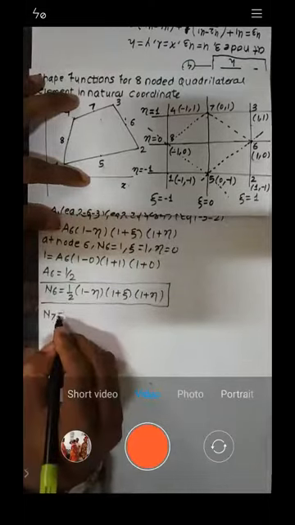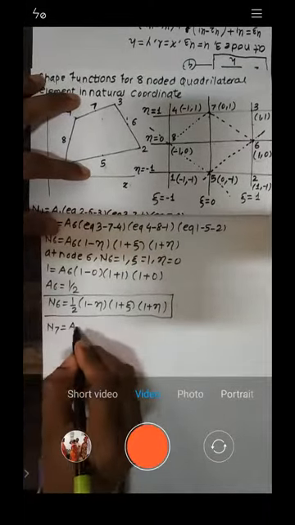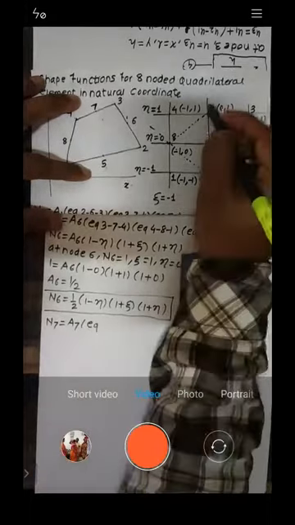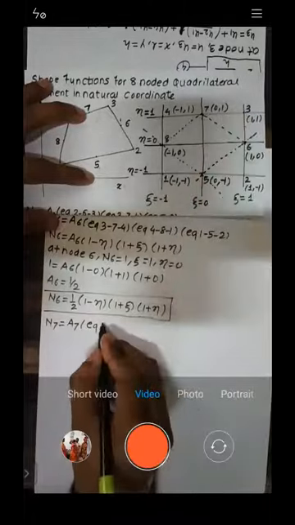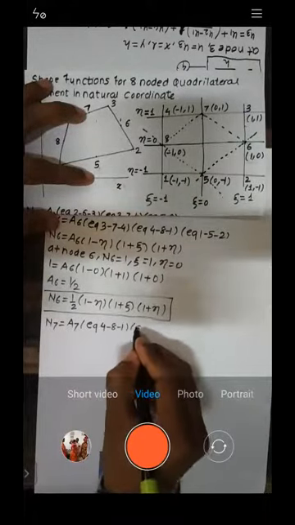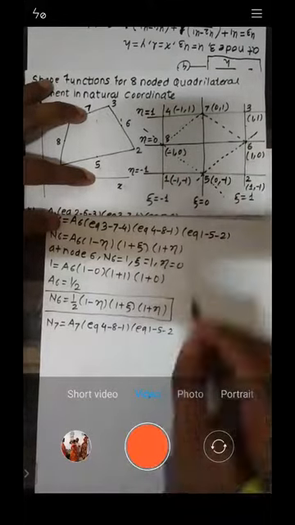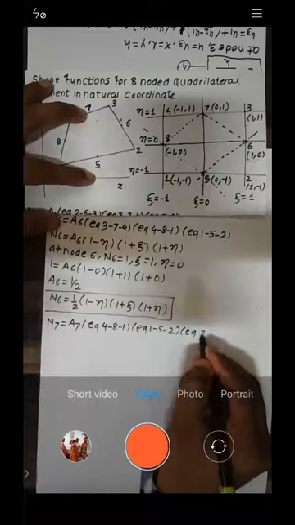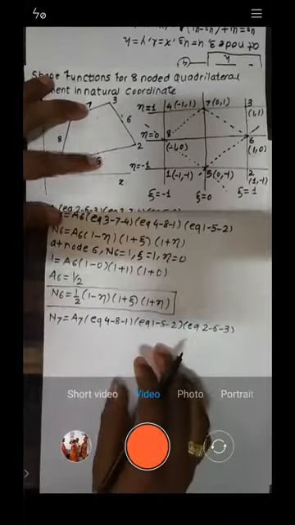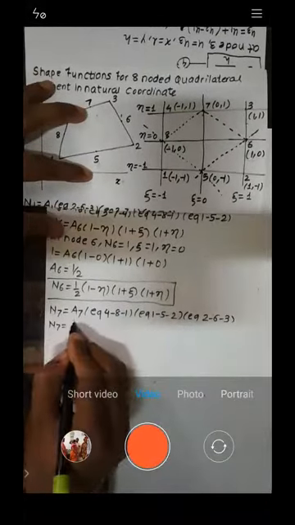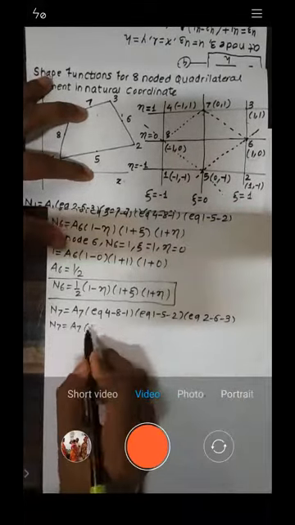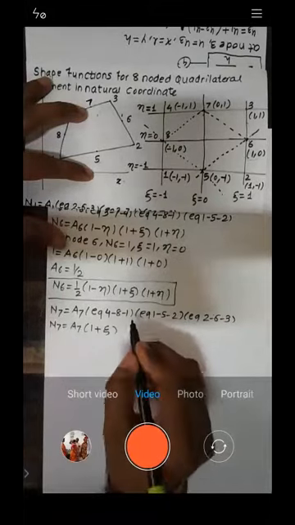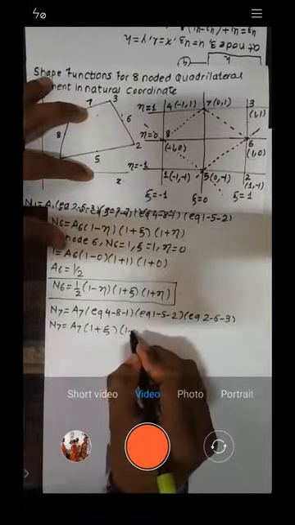Similarly, we will calculate N7. Hardly it will take 2 more minutes. N7 is equal to A7 into the equations of the lines not passing through node 7: 4-8-1, 1-5-2, and 2-6-3. For 4-8-1, zeta is equal to -1, that is 1 plus zeta. For 1-5-2, eta is equal to -1, that is 1 plus eta.